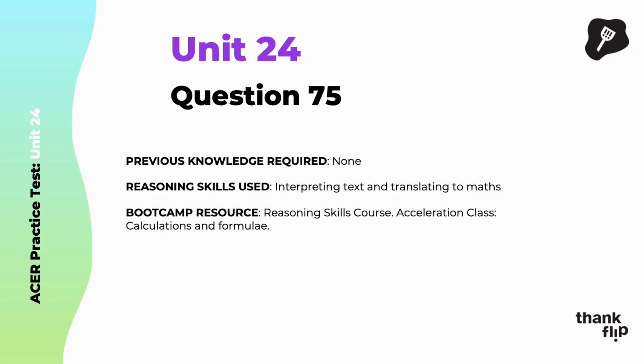If you knew the half-life formula, you could have applied it here, but I want to keep the previous knowledge as little as possible just to show you that you can answer complicated GAMSAT questions without having that prerequisite knowledge. And so here it was just about interpreting the text once again and being able to translate it into that maths. And the bootcamp resources that can help with this are the same as I mentioned earlier.